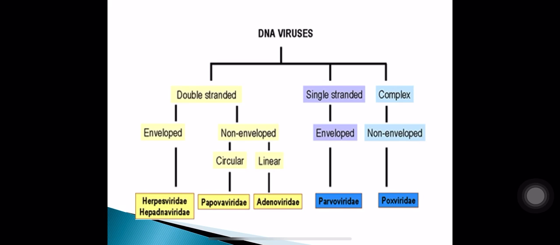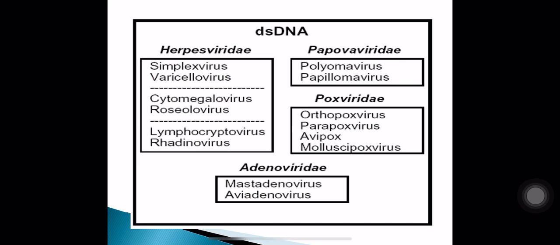You can divide the DNA viruses and RNA viruses into different categories based on different properties, based on the type of DNA, double stranded or single stranded, and even in double and single stranded, enveloped or non-enveloped. Then examples of different categories of viruses include, like double stranded DNA viruses include herpesviridae, papovaviridae, poxviridae, and adenoviridae.